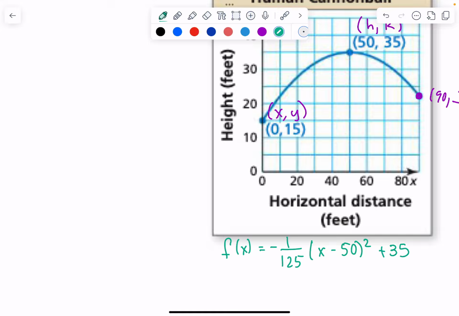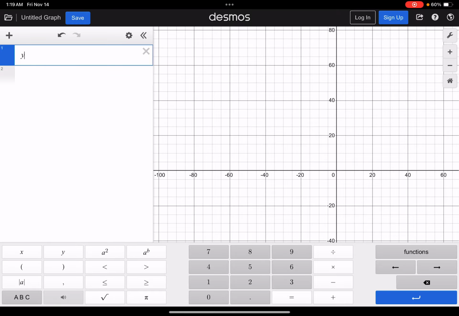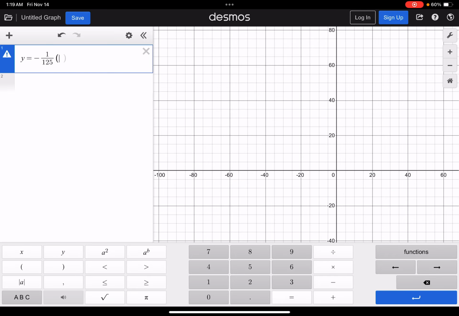Now, just to make a point, let's graph this on Desmos. y equals negative 1 divided by 125 times (x minus 50) plus 35.